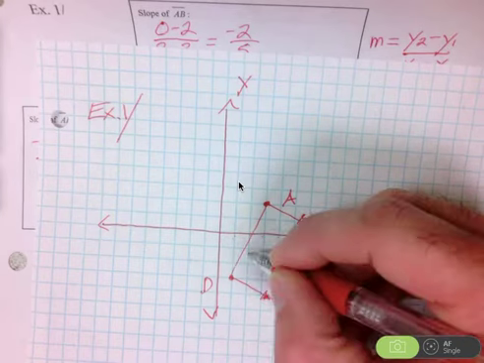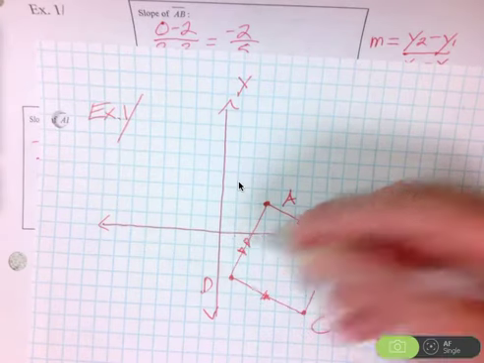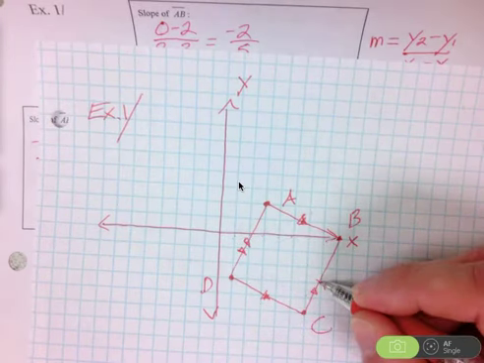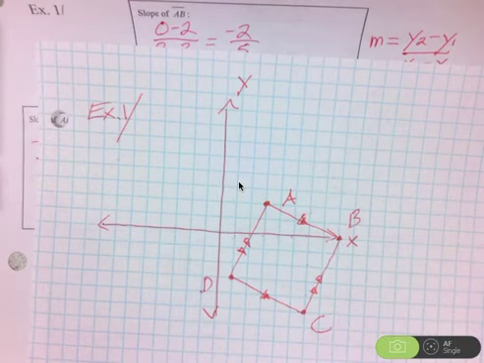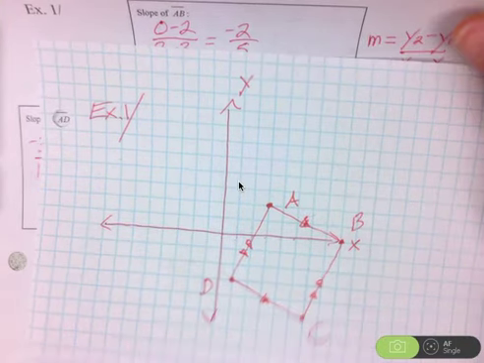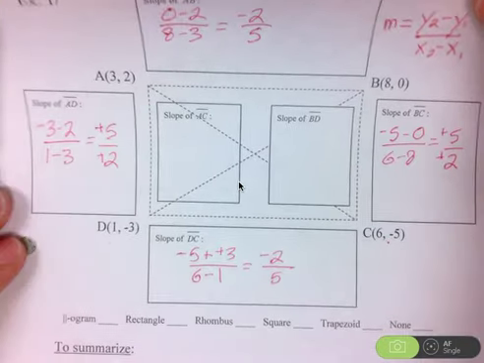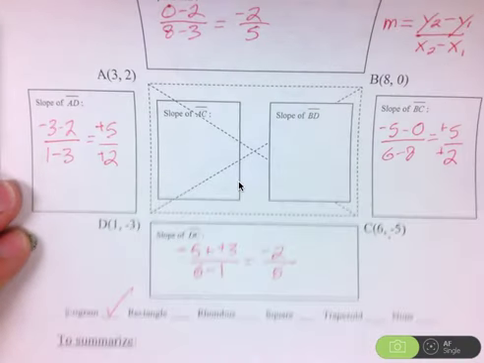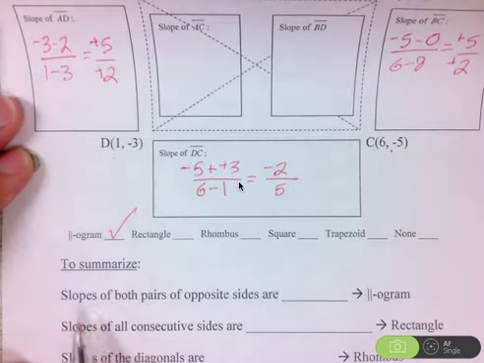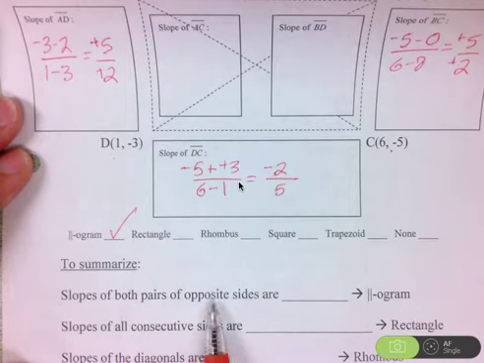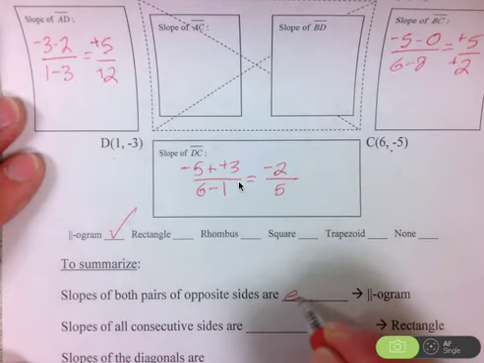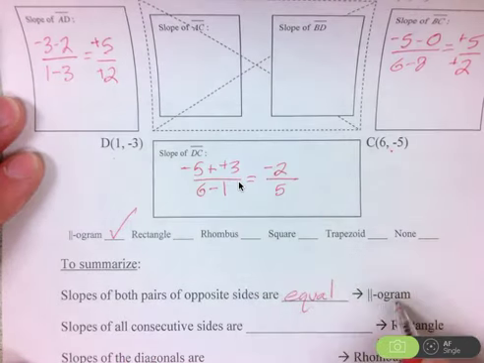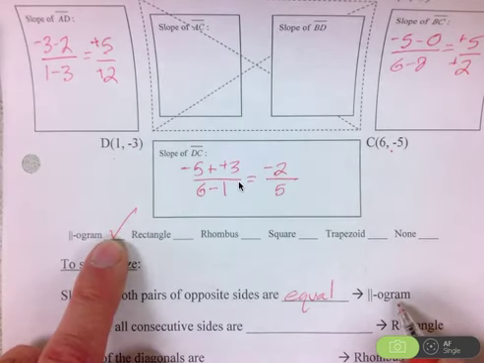That means that these sides, AD and BC, they're also parallel. That tells me I have a parallelogram. So I can check that. It's a parallelogram. So to summarize it, if the slopes of both pairs of opposite sides are equal, that means we have a parallelogram, and you can check it.